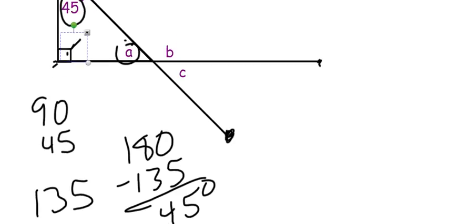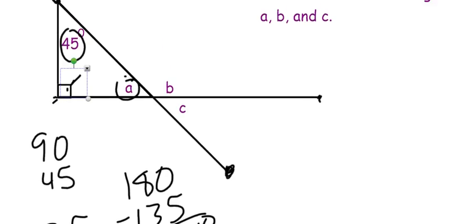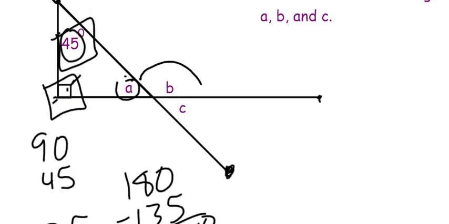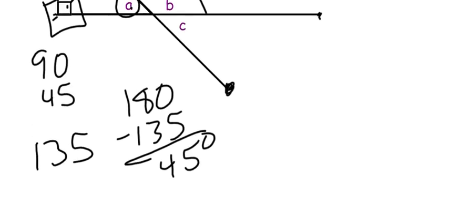From there, I've actually almost solved the rest of this problem. A plus B equals 180 degrees because they're supplementary. So if I use the data I already have, A equals 45, which means that B must equal 135.